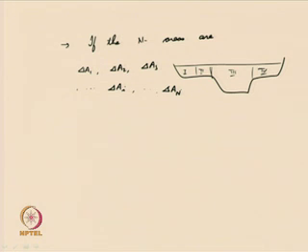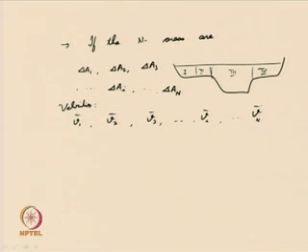Then the velocity of flow in each of these sub areas can be given as V1 bar, V2 bar, V3 bar, Vi bar, Vn bar.